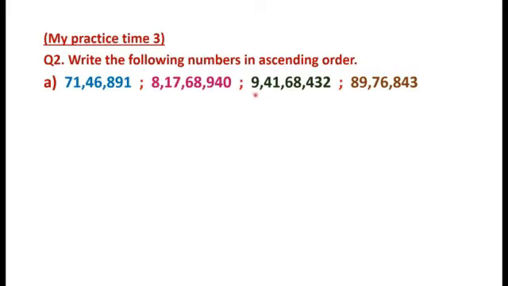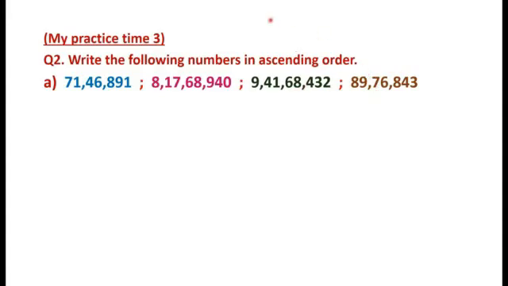The third number is 9,41,68,432, and the last number is 89,76,843. Children, first of all we count the number of digits. In the first one the number of digits is 7. In the second number it is 8, the third one again 8, and the fourth one 7.